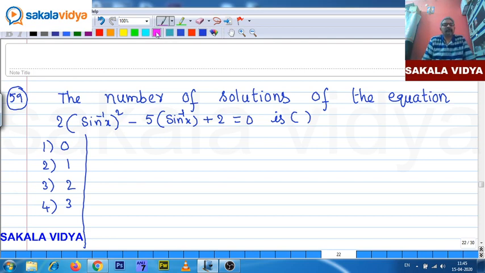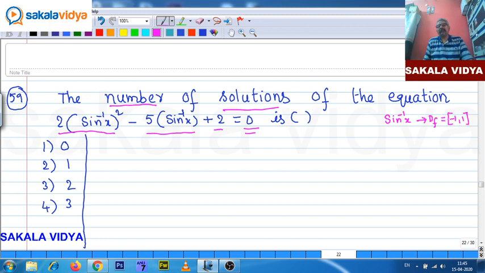So, now the number of solutions of the equation 2 (sin inverse x) whole square minus 5 sin inverse x plus 2 equals to 0. So, number of solutions we need to find out. You remember, the domain of sin inverse x function is minus 1 comma 1.